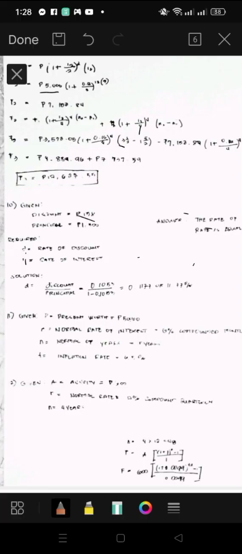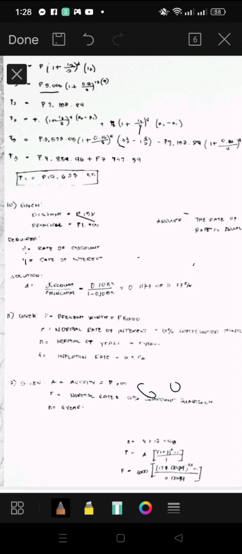So the given A, annuity, is equal to 600. Then R, the nominal rate, is 12% compounded quarterly. Then the N is 4 years.